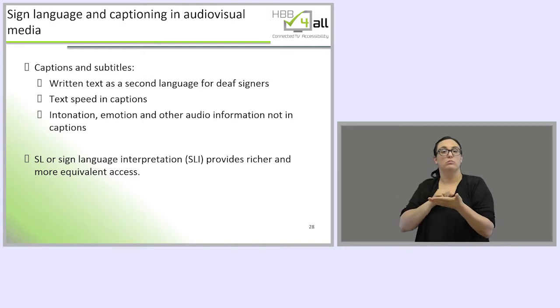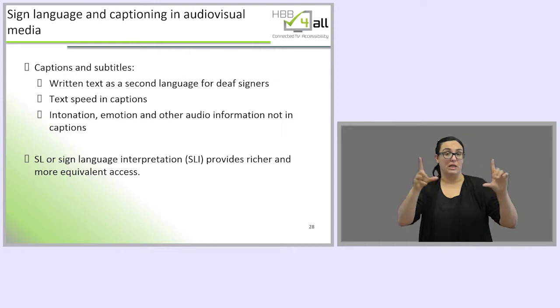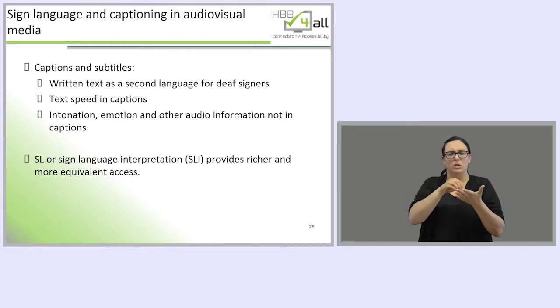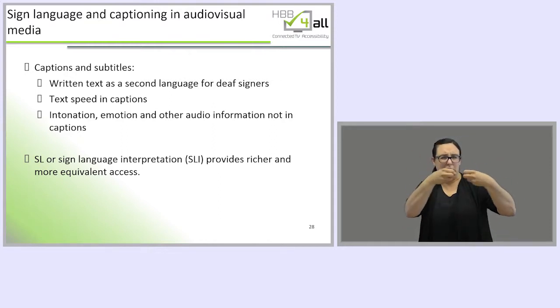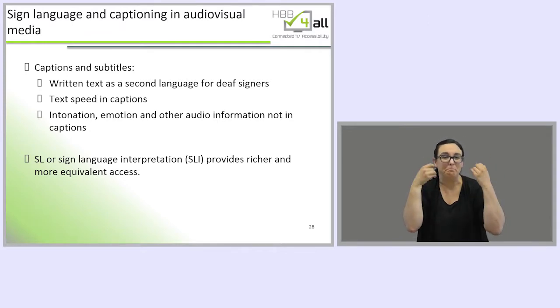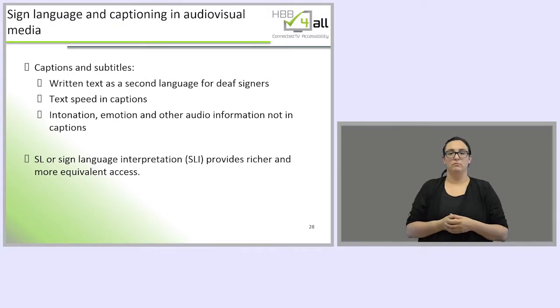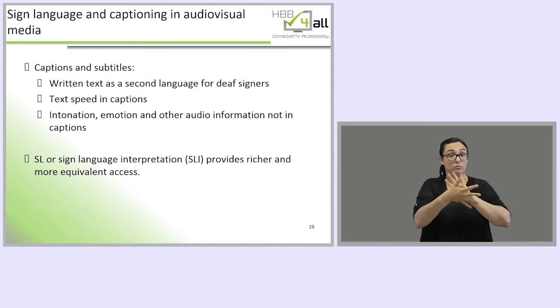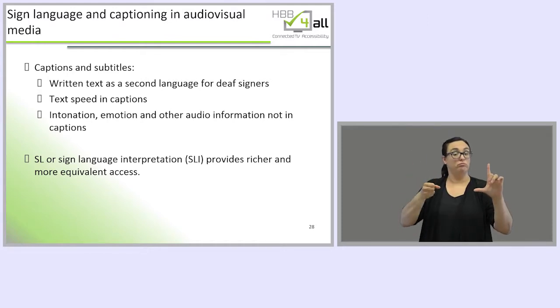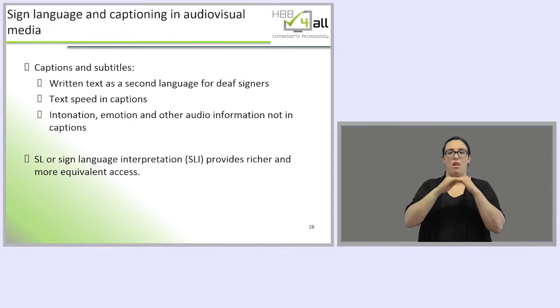And this is important because subtitling on television sometimes has a speed rate that is too fast for deaf people to access the information through subtitling only. So sign language and sign language interpretation on television provide a richer and more equivalent access for users who use sign language as a primary communication system.